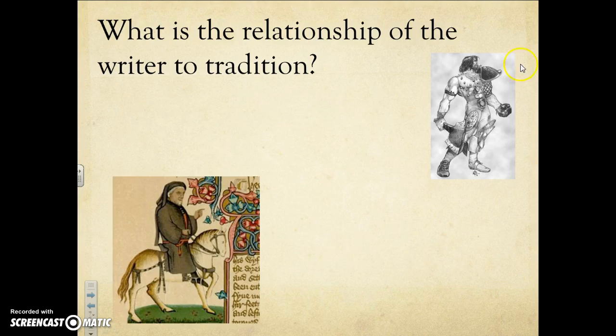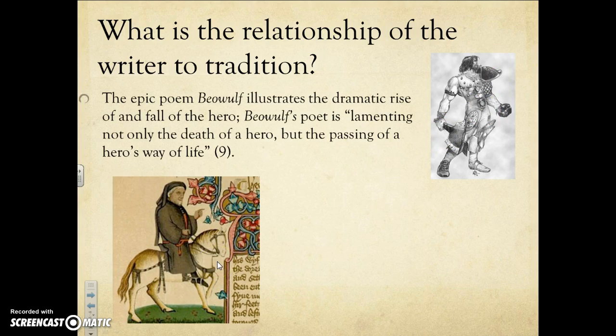If you look up here, here's our buddy Beowulf, and there's Geoffrey Chaucer. The epic poem Beowulf that we're going to start reading very soon really shows the dramatic rise and fall of the hero. It's a very classic tale, good versus evil. But the poet also focuses on the lamenting of the death of the hero.